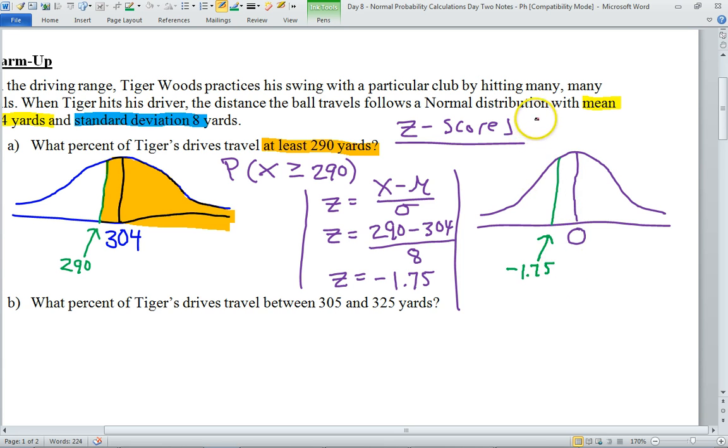So I am supposed to be finding the percentage of values. Let me put the shading on this. Remember, we are looking for the right hand side of this graph, which goes like this.